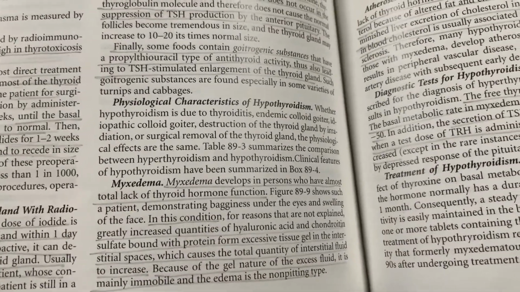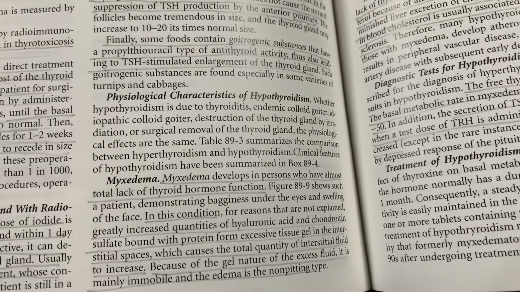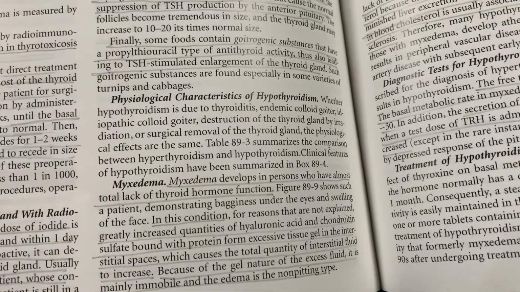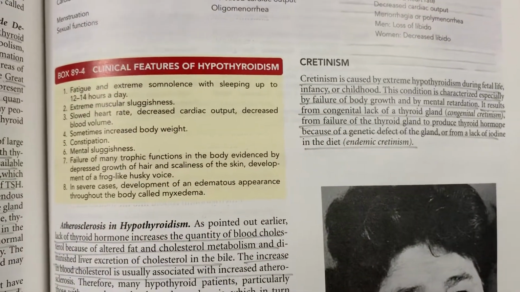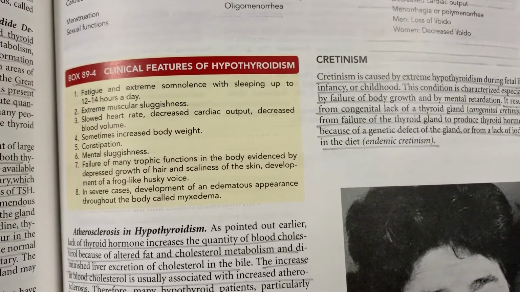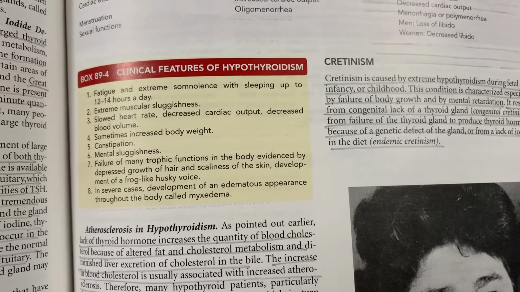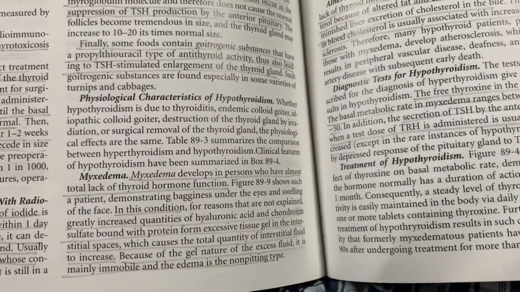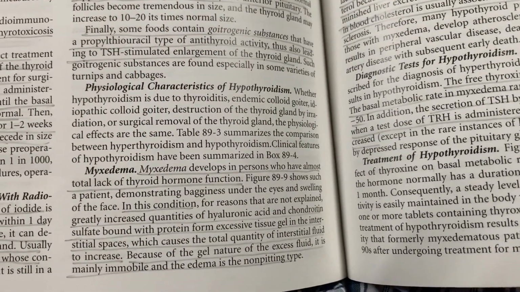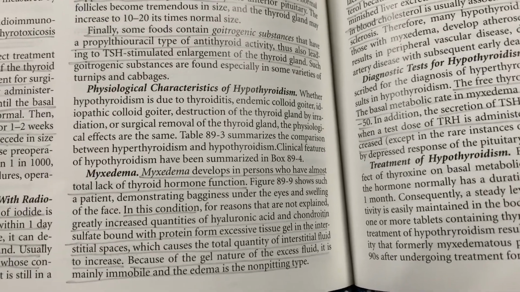And now the physiological characteristics of hypothyroidism. People are sluggish, there is a slow heart rate, decreased cardiac output, increased body weight, mental sluggishness, and all that. And you also have myxedema because of the swelling.